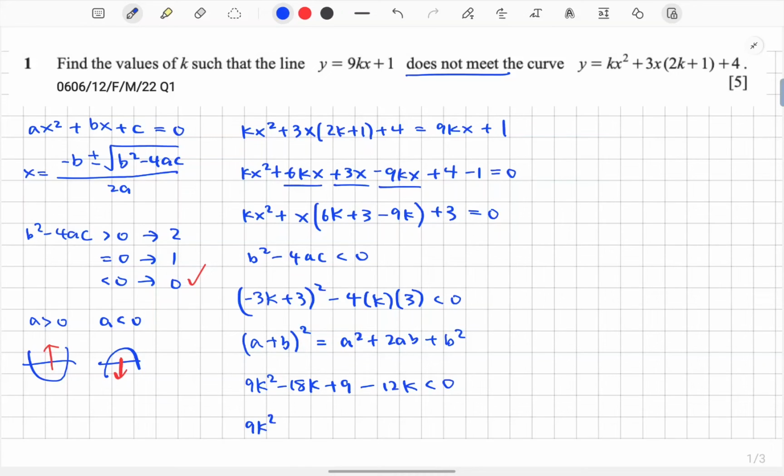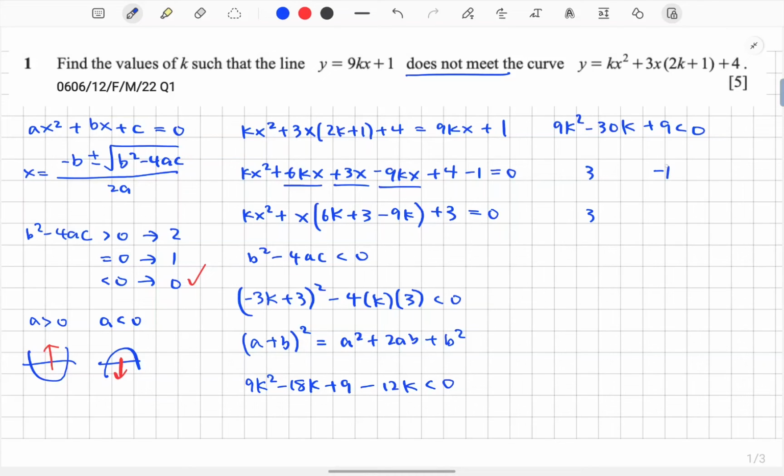Then we'll further simplify it. We'll join like terms. Here we'll get 9k squared minus 30k plus 9. Now we have this quadratic inequality. We can solve it by either factorizing or using the quadratic formula. I'll just factorize it.